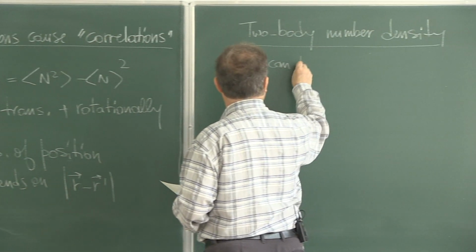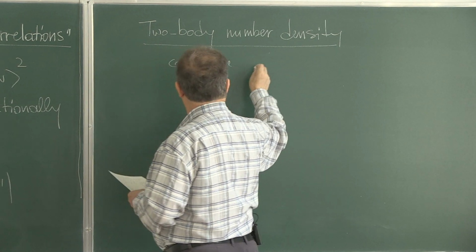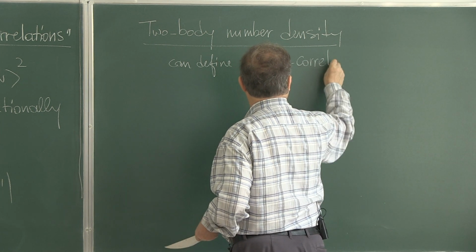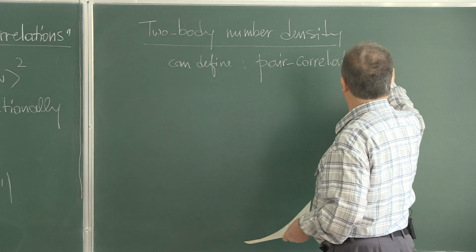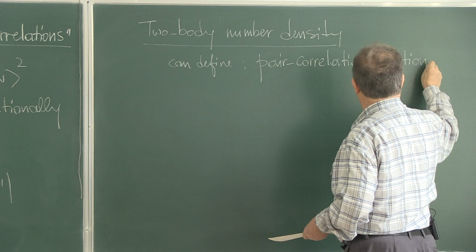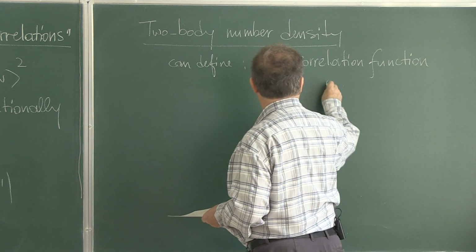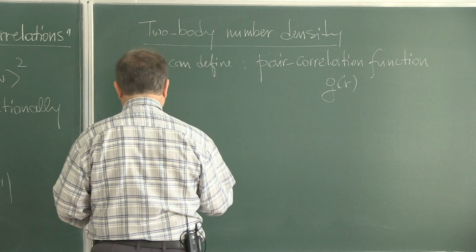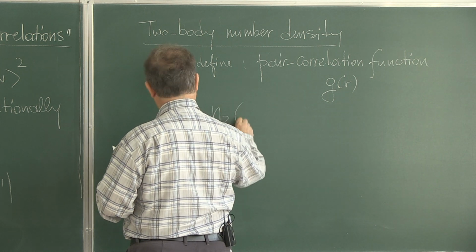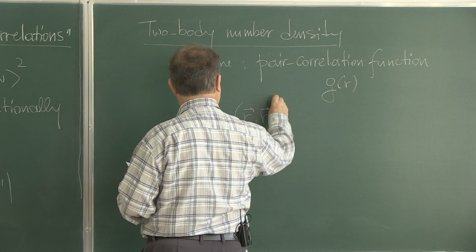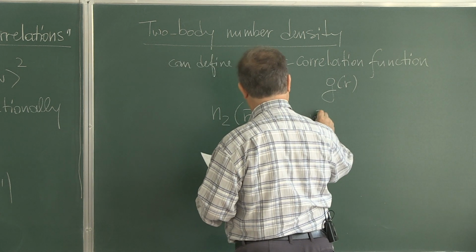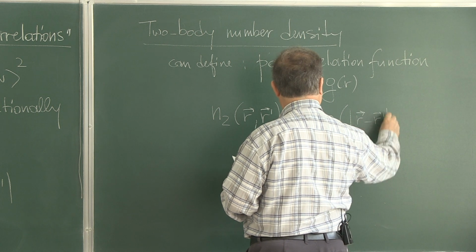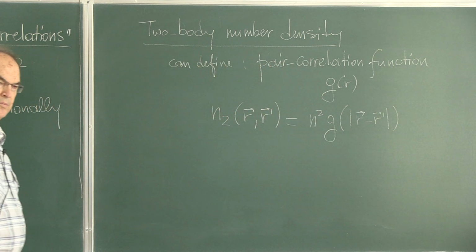We can define a pair correlation function, which is known as g(r), and the definition is as follows: N2(R, R prime) is n squared g of the magnitude of R minus R prime, the distance between the particles.